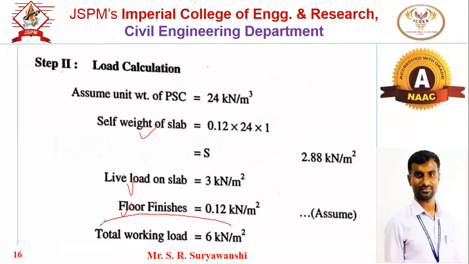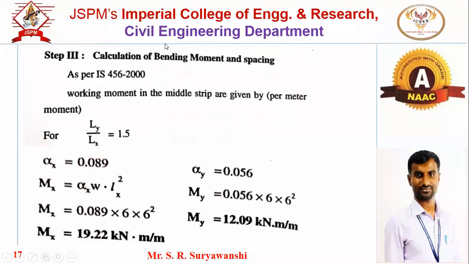Step number 1 is for the thickness of the slab, that will be L by 50. Step number 2 is for the load calculation, the sum of dead load, live load and floor finish load. Suppose they have not given the floor finish load, then assume a suitable value from 0.1 to 0.15 kilonewton per meter square.